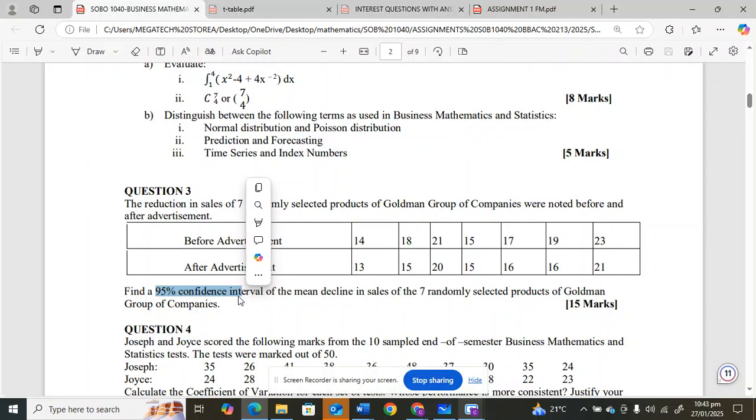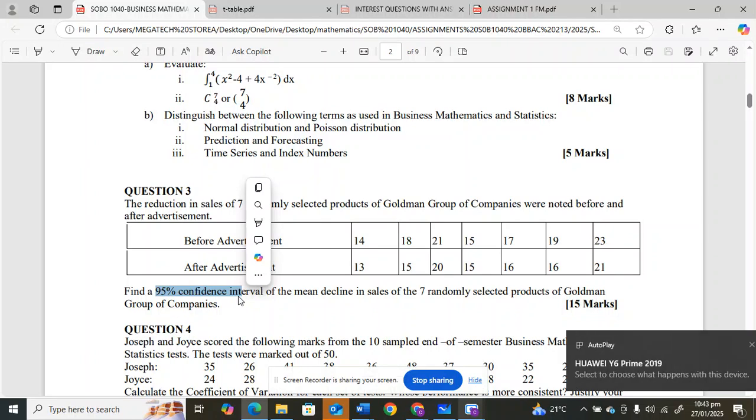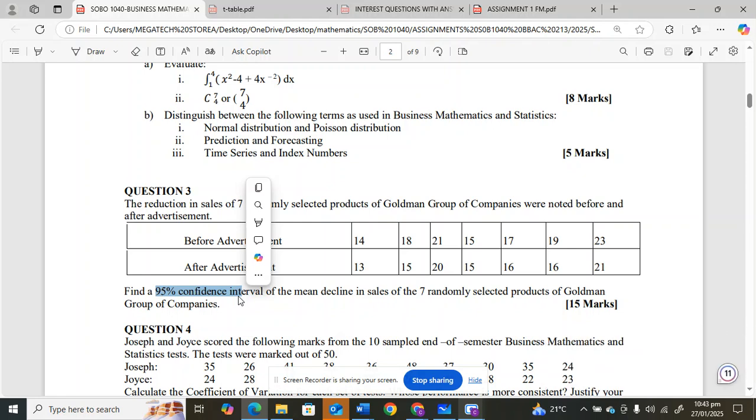Questions before we move further? There's a drop in sales, so I want to find the range of that drop.